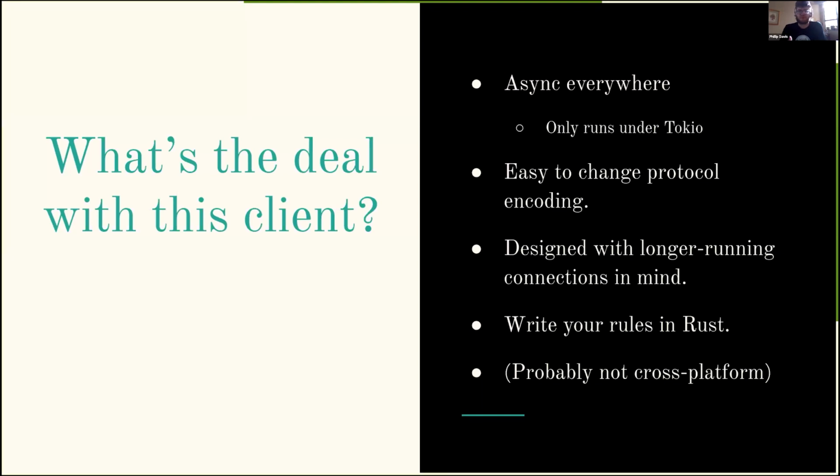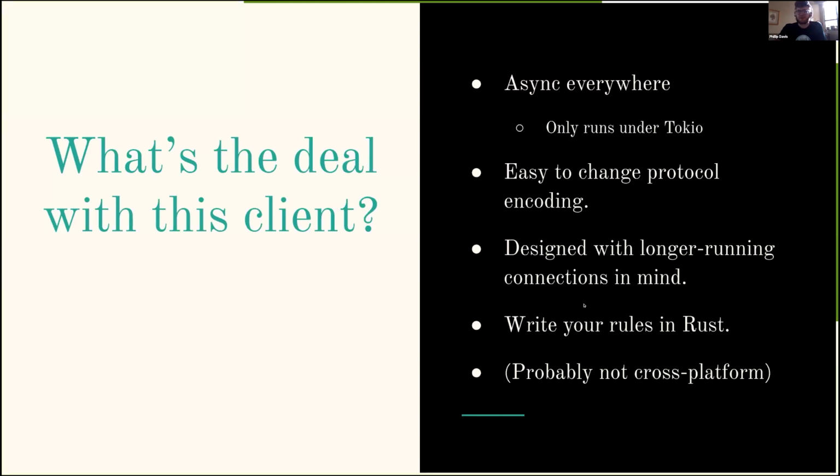And so it's important for this client to be future-proof to changes like that. It's also designed with longer running connections in mind. For example, it has buffers that grow over the lifetime of the connection, and so the number of allocations you'll be doing as the connection lives longer will decrease, potentially to zero, maybe not.